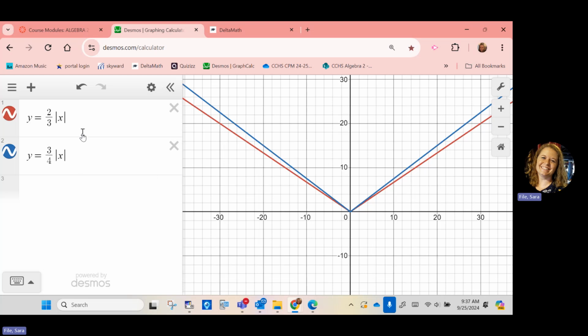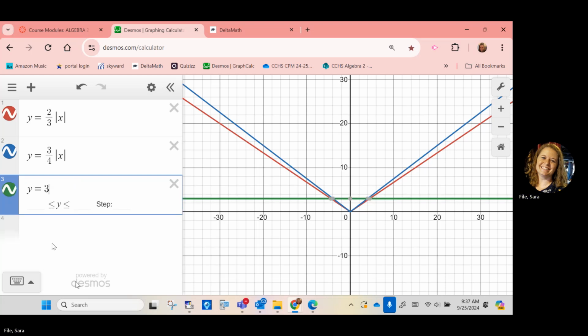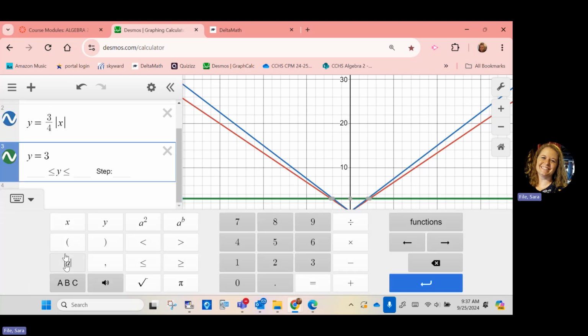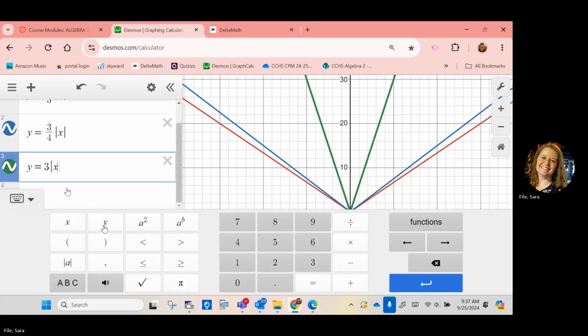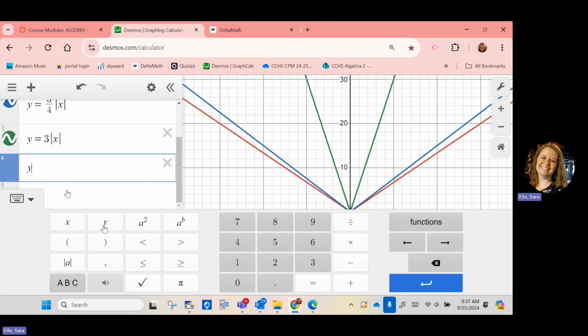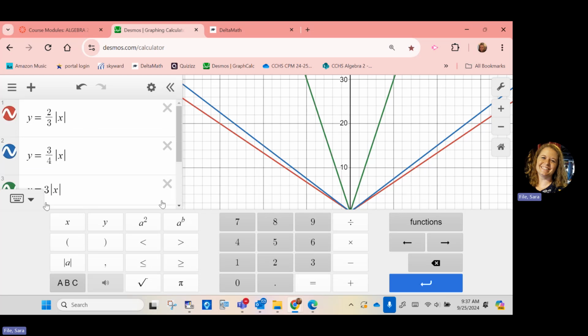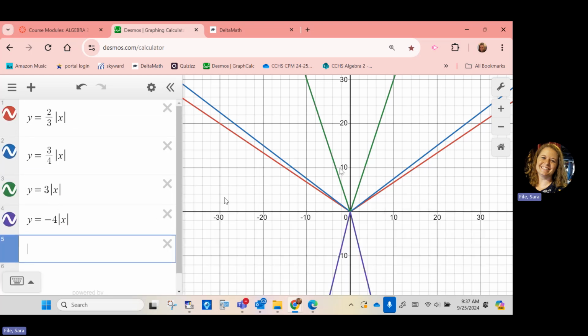If you needed to look at all 4 of those together, you could have done that. I think it was 3 absolute value of x and -4 absolute value of x. So you could look at all of those graphs together. You can see that one opens down, okay? But see how the green and that purple definitely are narrower.